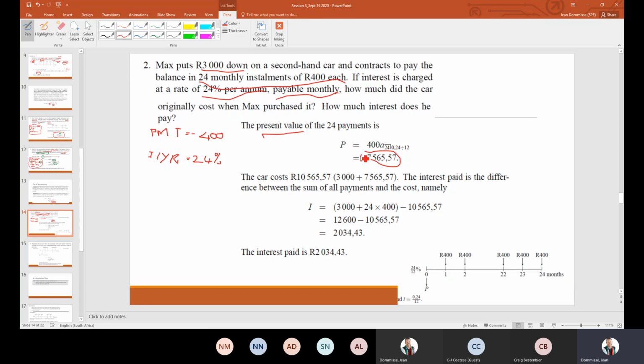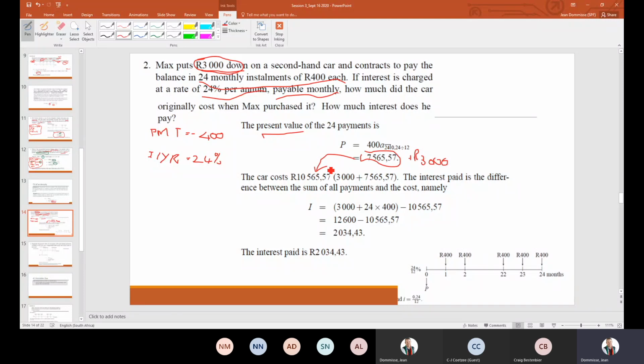But they're asking us firstly, what was the original cost? So we need to add the nearly 3,000 rand that was a deposit. We need to add that to the present value to get to the amount, so basically if you add that, we get 10,565.57.